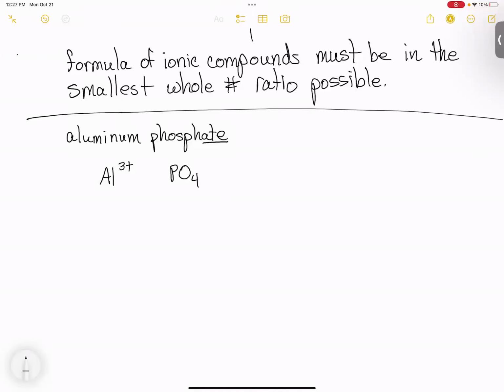There are 4 oxygens. So what does that mean for the charge on phosphate? It's in group 15. It's a -3. Why? It's in group 15, and it's going to be the same as the charge on the anion of phosphide.